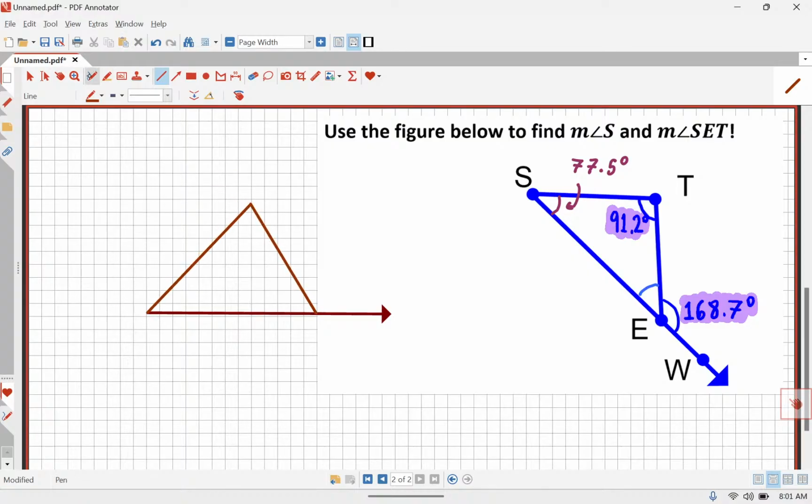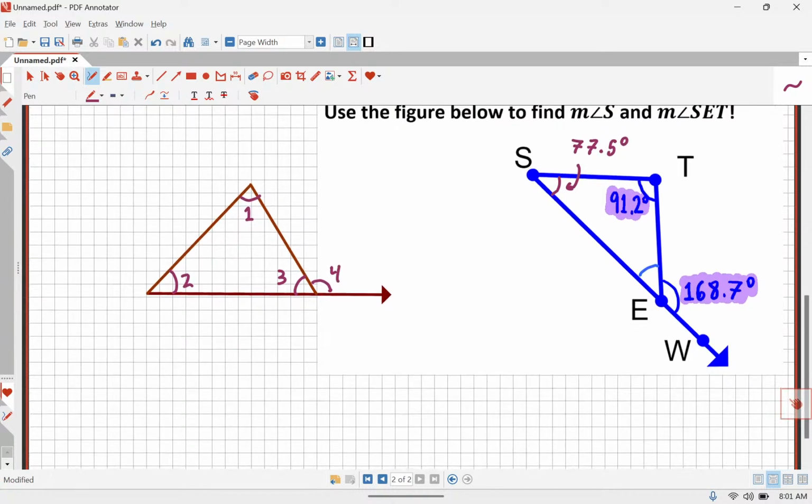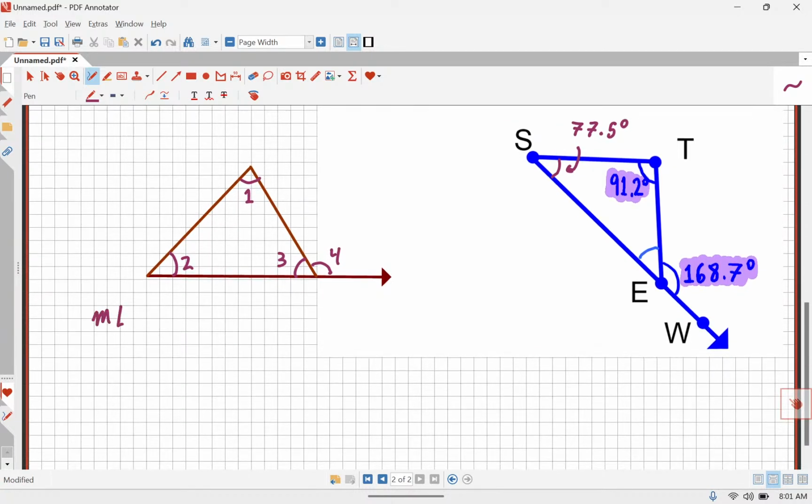Okay, there we go. So if this is angle 1, angle 2, angle 3, and angle 4, if I take the measure of angle 1 plus the measure of angle 2 plus the measure of angle 3, if I add up all three of the angles on the inside of a triangle, Sammy, what number do I always get when I add up all three interior angles of a triangle?